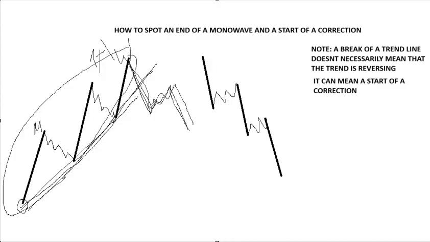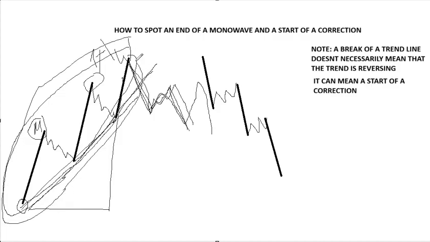So basically we need this consolidation or this correction to take a longer time than this impulse, which we have now named as our first mono wave. Remember we said multiple mono waves in sequences of 1, 2, 3 or 1, 2, 3, 4, 5 can mean that this is one single mono wave, as long as the market is moving sharply to the upside.